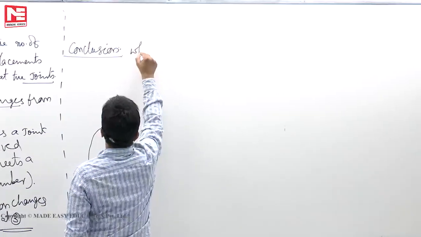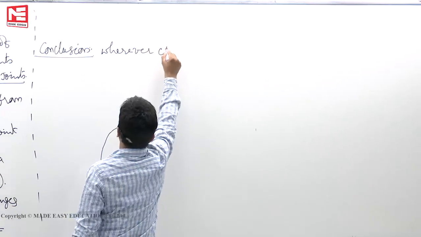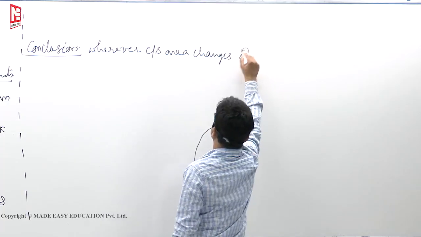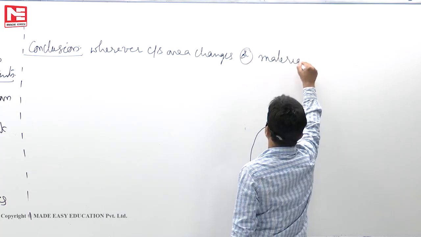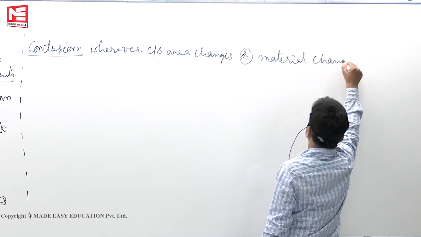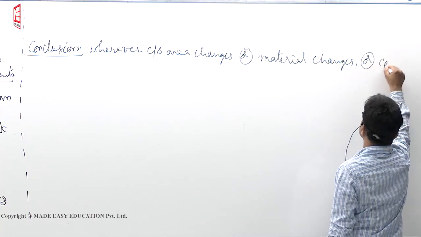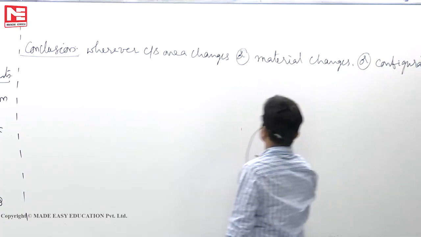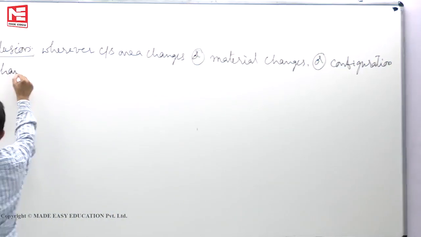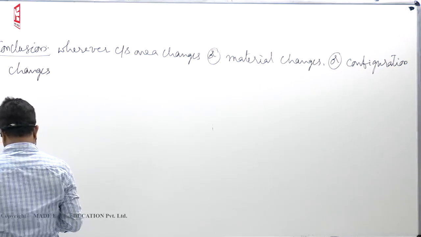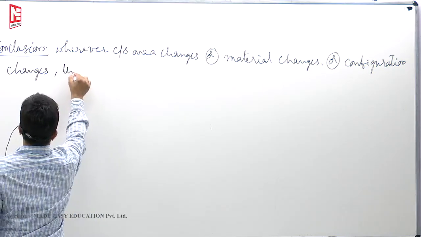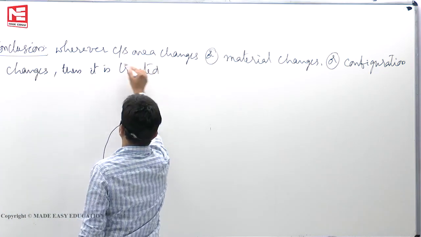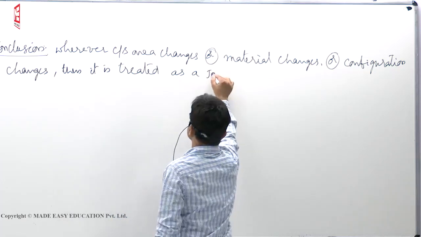Wherever cross-sectional area changes or material changes or configuration changes, then it is treated as a joint.